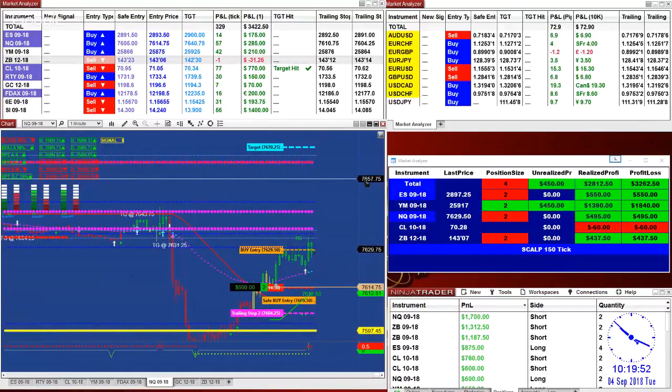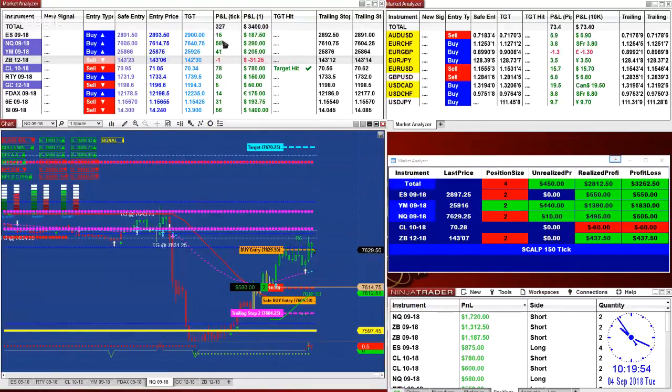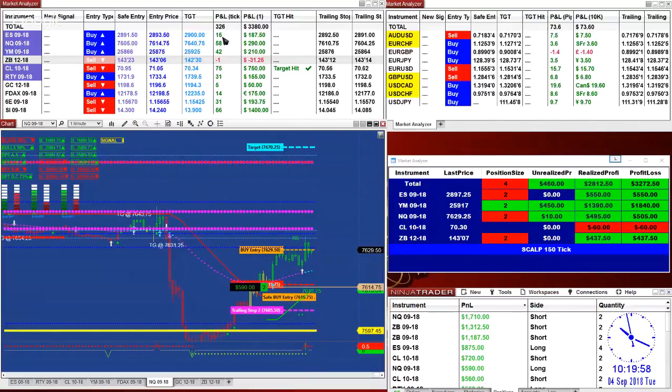Another thing is, if we hatch the market today, those are the new signals that just came out here in the last 10, 20 minutes. If we look at the ES on the new entry, we have 16 ticks on the NASDAQ. Again, guys, keep your eye on the NASDAQ.